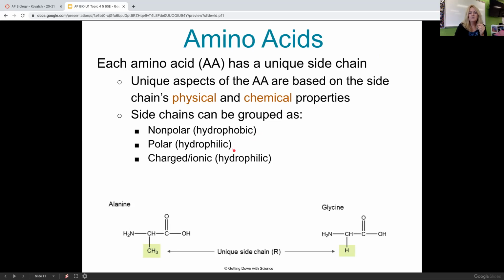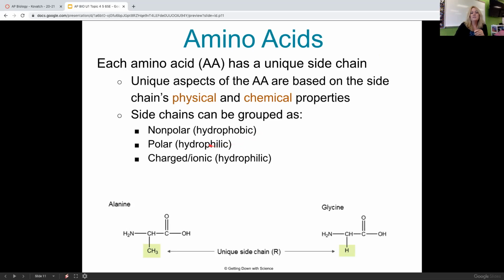And if you have an amino acid that is polar, it's hydrophilic. It's water loving. Hydro referring to water, philic, love, like a philanthropist loves people and gives money away. So a hydrophilic is water loving.